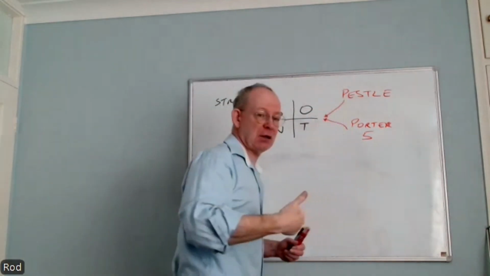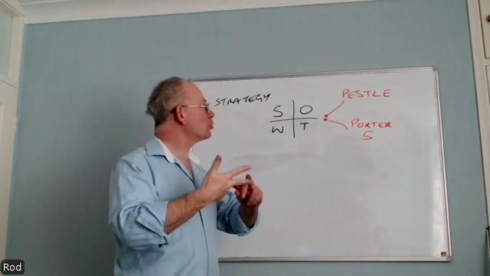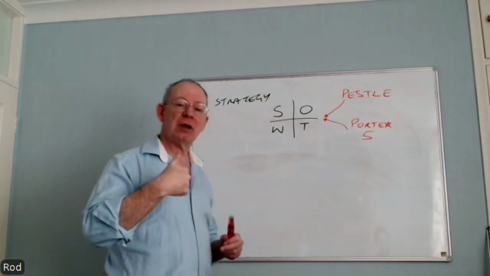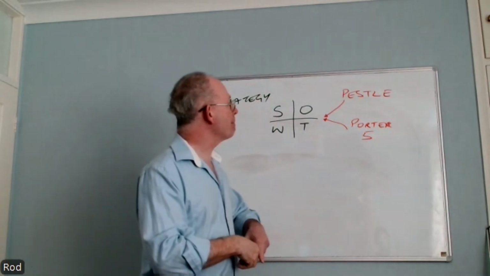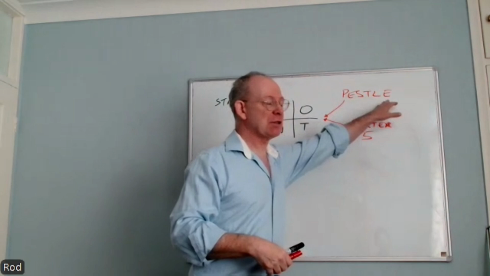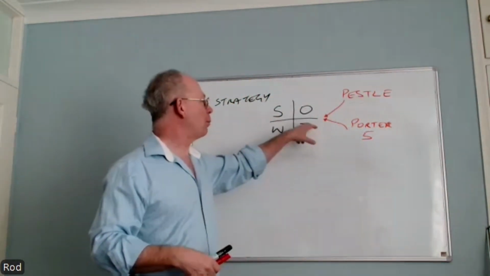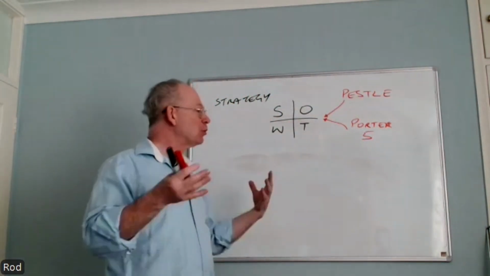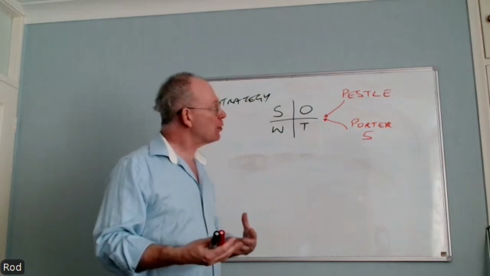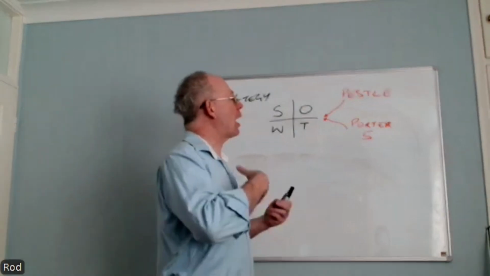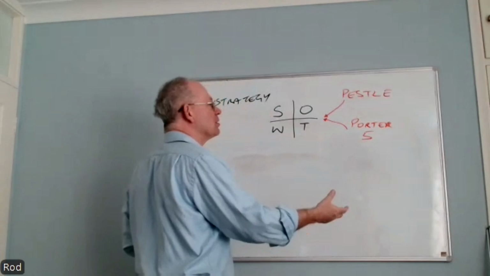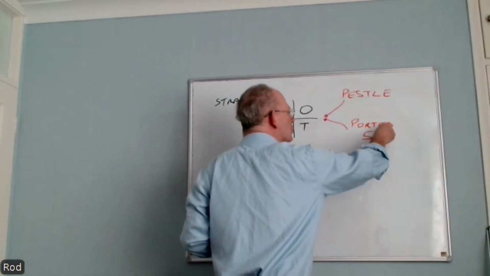PESTLE stands for political, economic, social, technological, legal, environmental. Understanding that affects these opportunities and threats; something could be an opportunity, other things can be threats. We've got to make sense of how they relate to us and our business. Porter's 5 Forces.